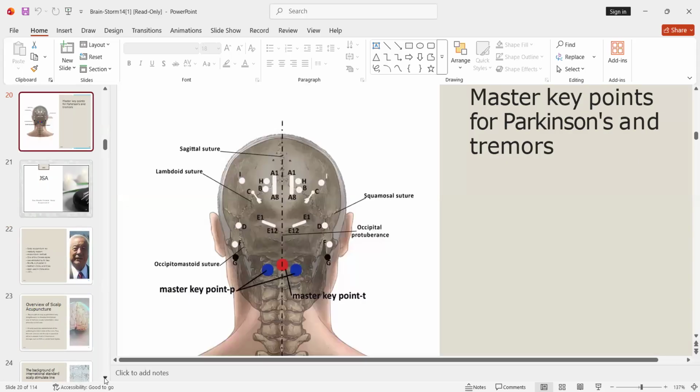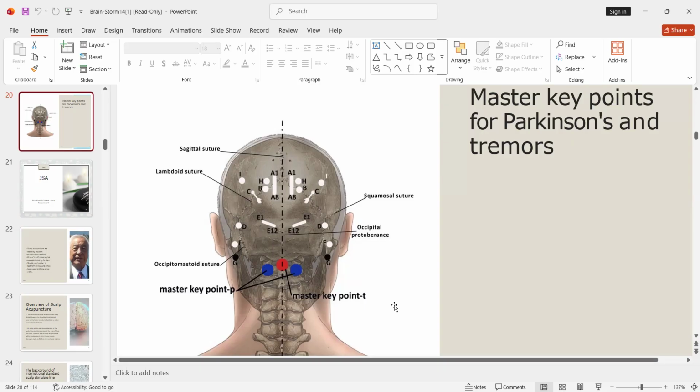Except master key point, all the basic points on the yang side are situated on the lambdoid suture. And then, how do you find the lambdoid suture?